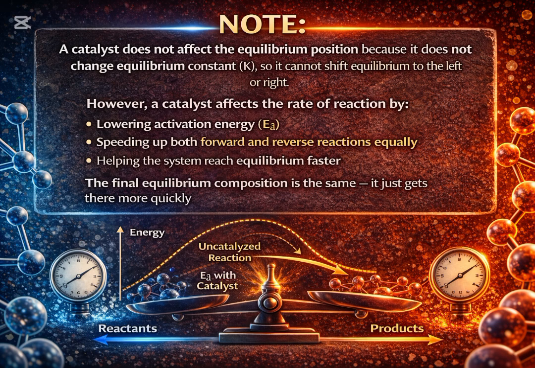So the only thing it does is to affect the rates of chemical reaction. So how does it affect them? By the 3 things being listed here: lowering activation energy, speeding up both forward and reverse reaction, and helping equilibrium reach its end faster. The final equilibrium composition is the same, it just gets there more quickly.